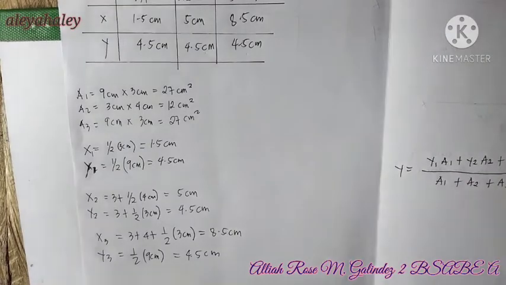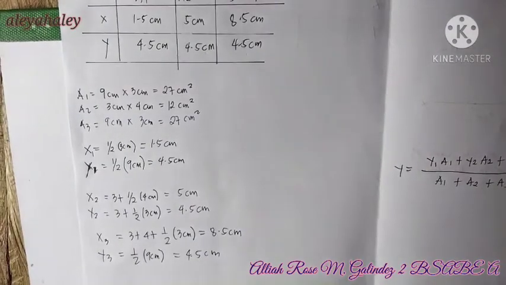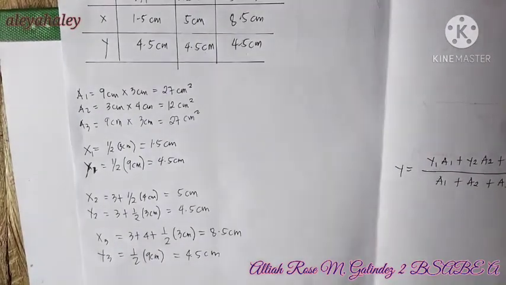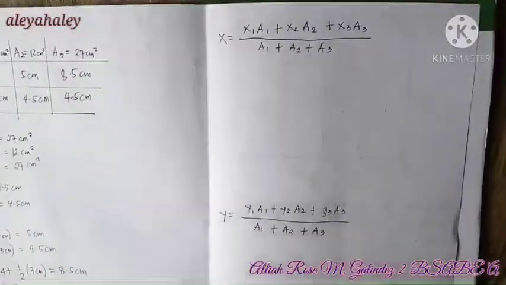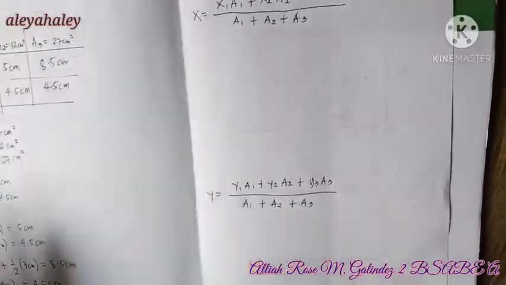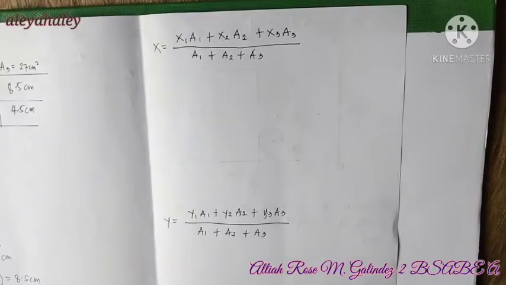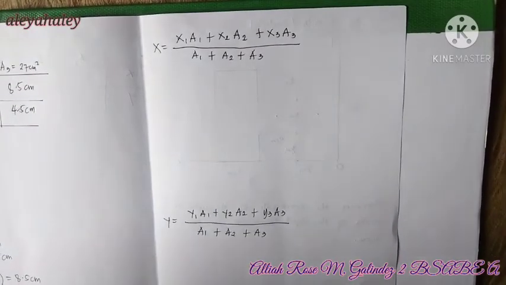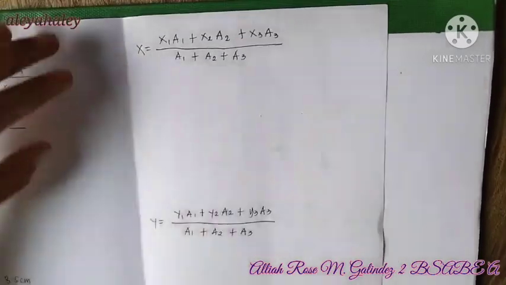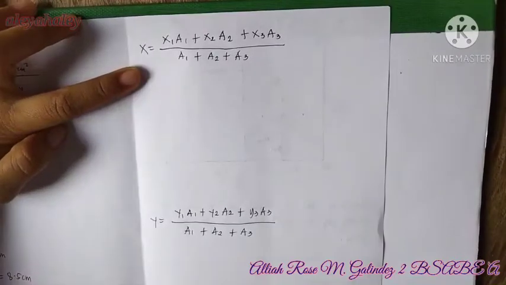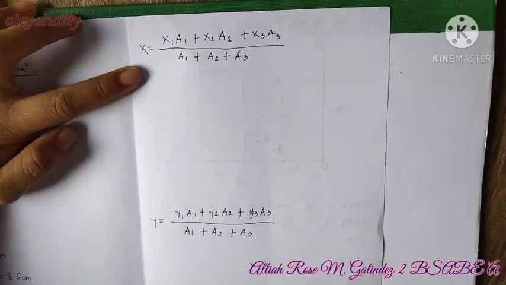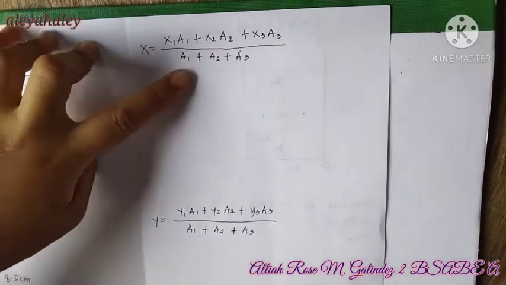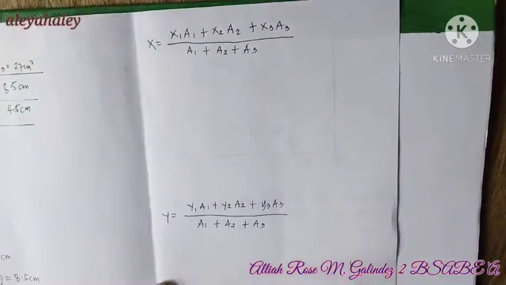And now the next one we do is to get the coordinate of the center of gravity that lies for the x-axis and the y-axis. We have this formula: x is equals to x1 times a1 plus x2 times a2 plus x3 times a3 divided by a1 plus a2 plus a3.